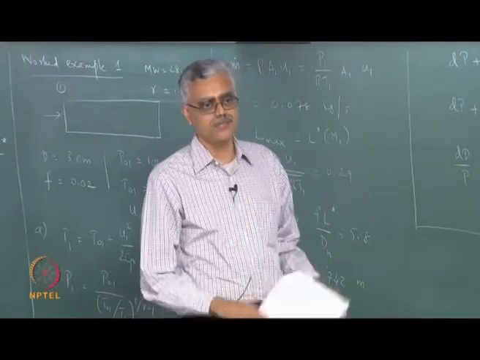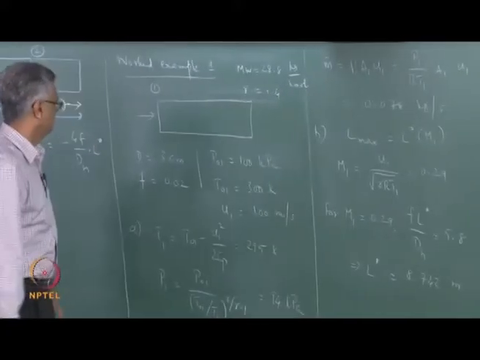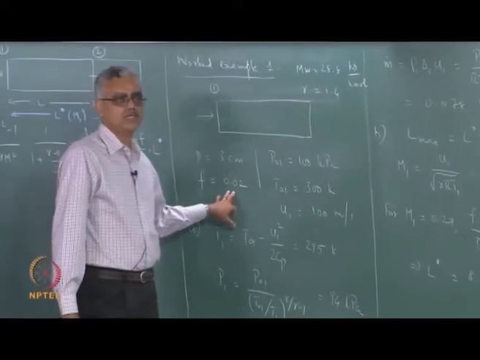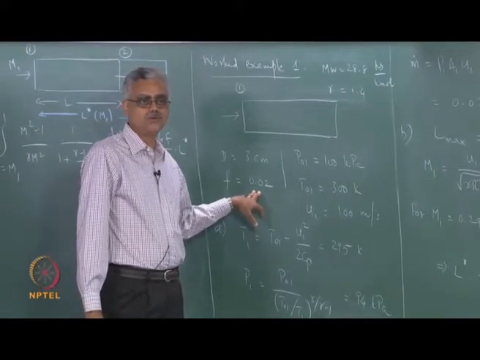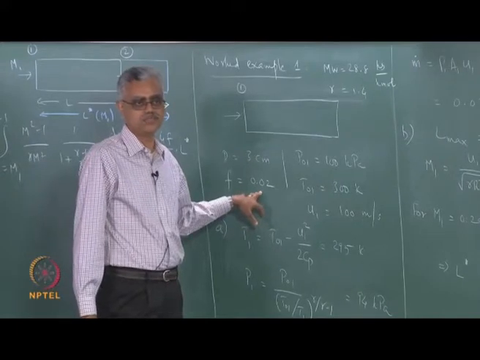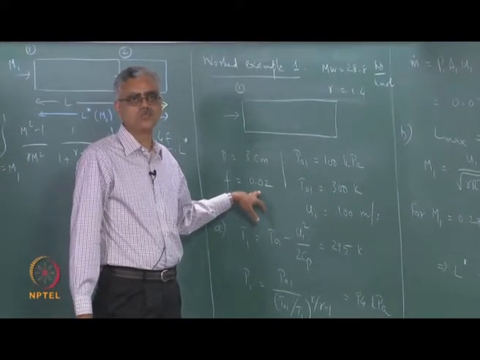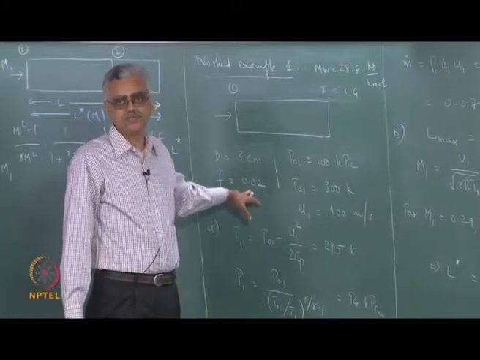So, the Manning friction factor for the same case, instead of F being 0.02, would have been 0.005. So, 4 times that is equal to this. But Darcy friction factor is the most widely used, all the correlations give only this, which is why we are using this.